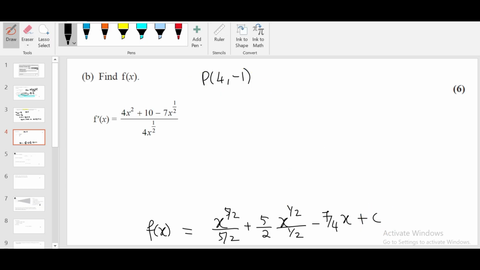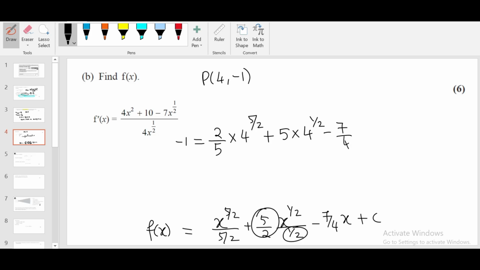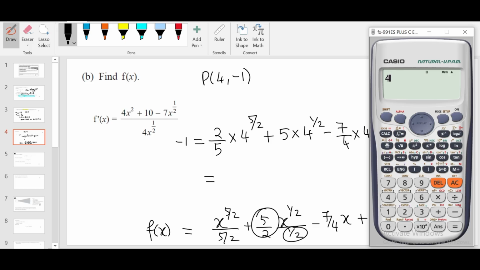So when I sub in the point, replace f of x by negative 1, x by 4, it's basically 2 over 5 times 4 power 5 over 2 plus 5 over 2 divided by half. The 2 will be cancelled. You will get just 5 x power half, replace x with 4, minus 7 over 4 times 4 plus c. 4 power 5 over 2, I'm going to use my calculator. 5 over 2 is 2.5.